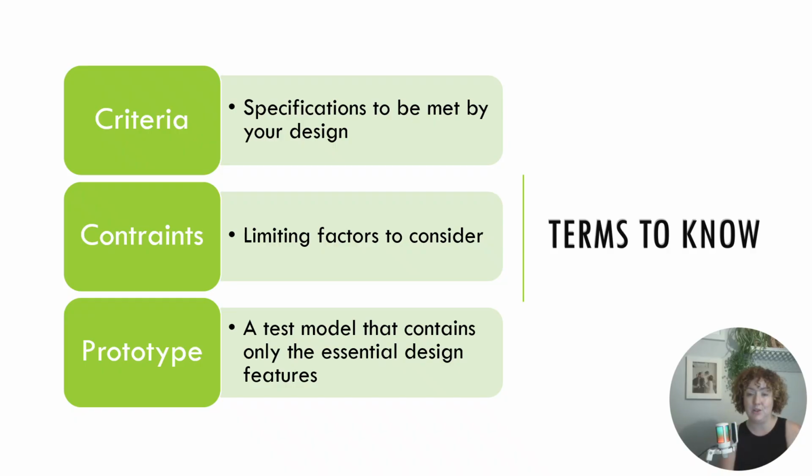Constraints might be a certain type of material you can use. One of the constraints in the Ada Twist video was they're not allowed to use a ladder when mom and dad aren't around. In some labs, it's going to be the amount or the type of material you have available to you.